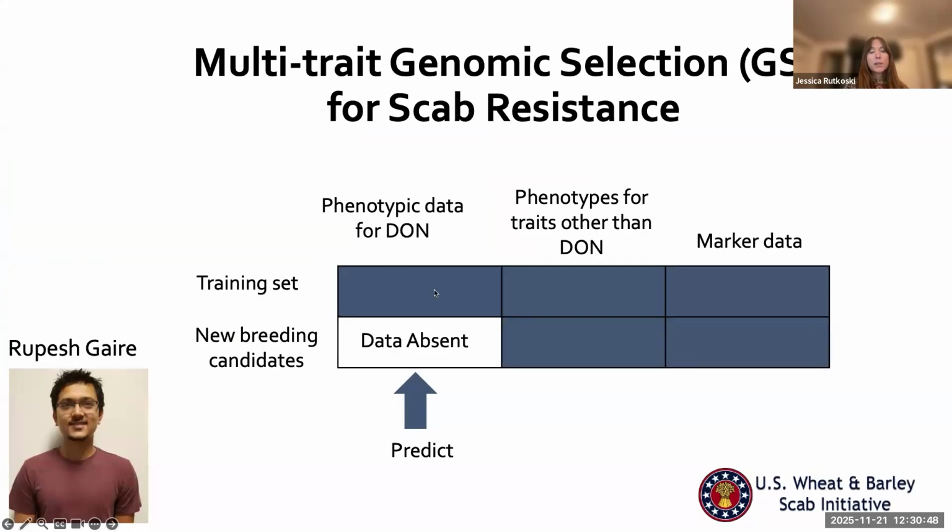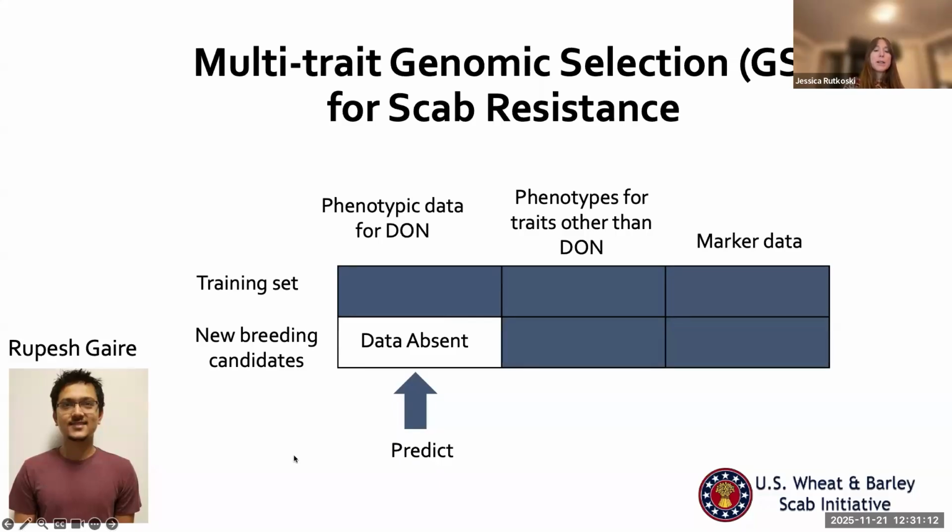Our main trait of interest is the toxin, DON. And then we have phenotypes for traits other than DON, and then the marker data. So our training set has everything. And then you've got our new breeding candidates. Let's say we don't have the DON data, but we have phenotypes for other traits, and we have marker data. So we want to predict those.